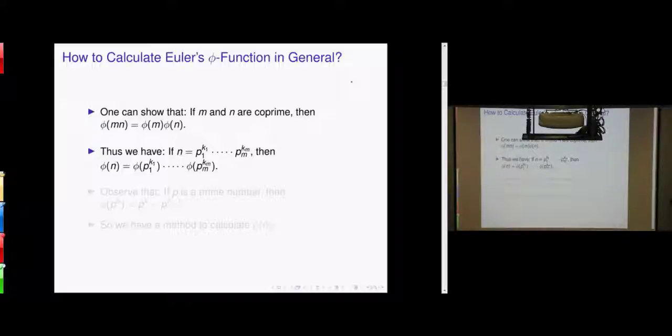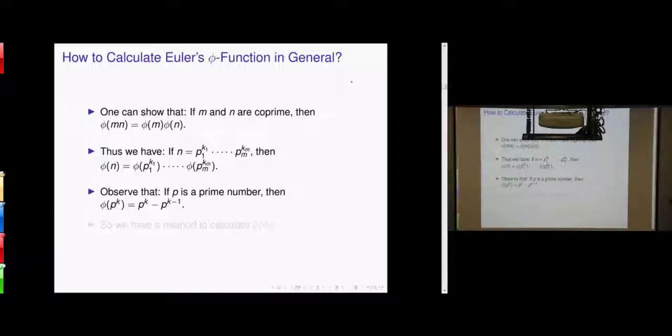So phi of n will be phi of this bunch of products. But phi has this nice property. If they don't have a common factor, you can break them and apply phi to each of them. Now these are distinct primes, so they have no common factor. So you can break phi of n into phi of this and phi of that. So you reduce the task of calculating phi of n into calculating phi of a prime to a certain power.